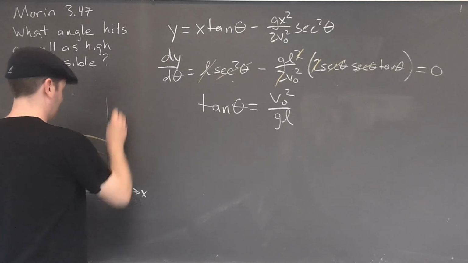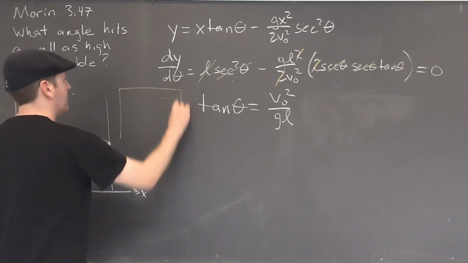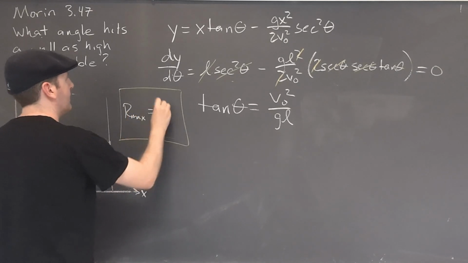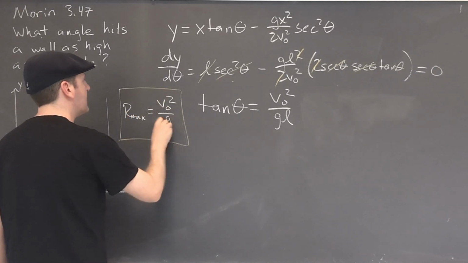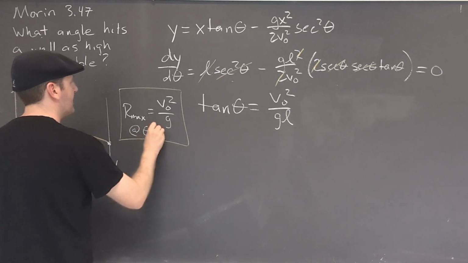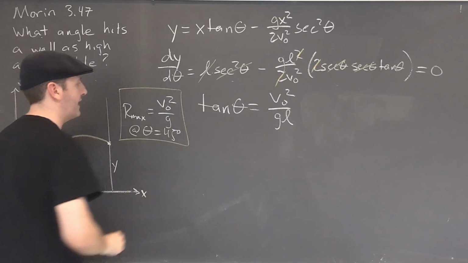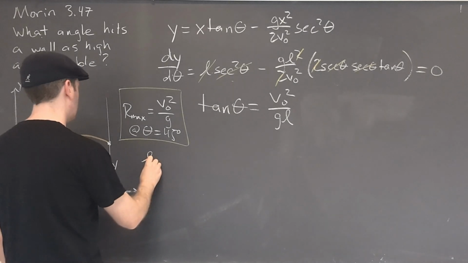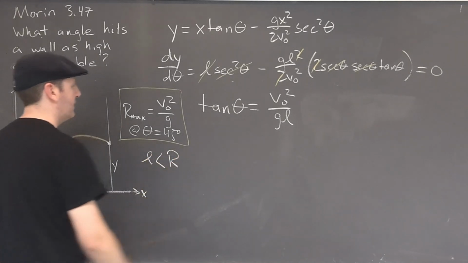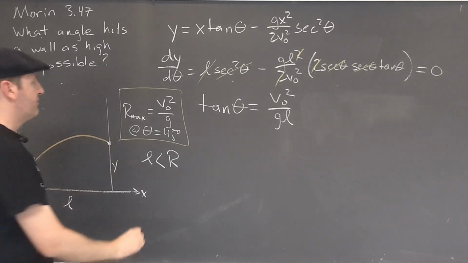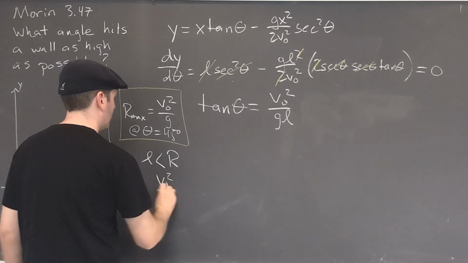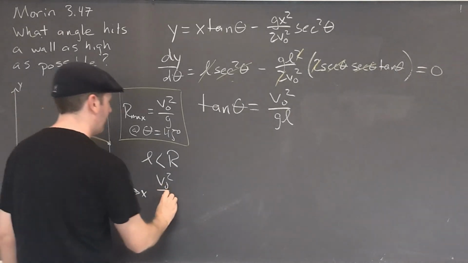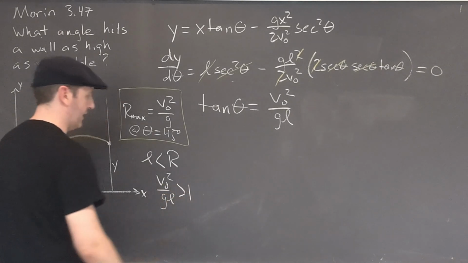And you might recall that the maximum range of a projectile is R equals v naught squared over g, and that's at theta equals 45 degrees. We've worked that out before. Since we require L to be less than R, that actually forces v naught squared over g, which is R, divided by L to be greater than 1.